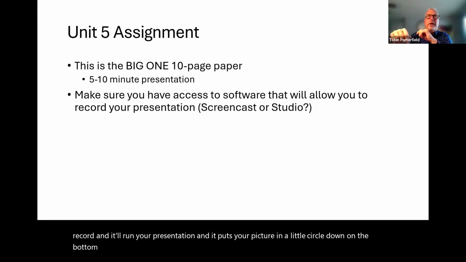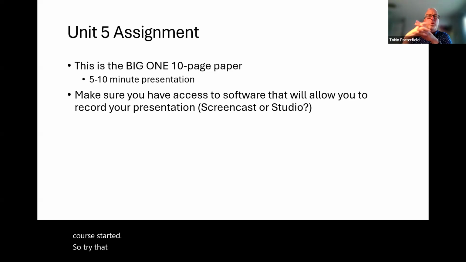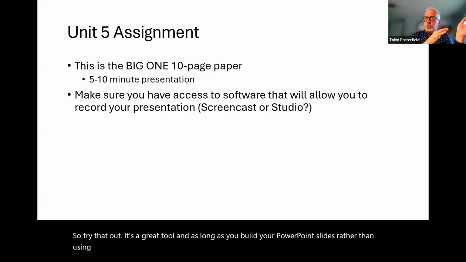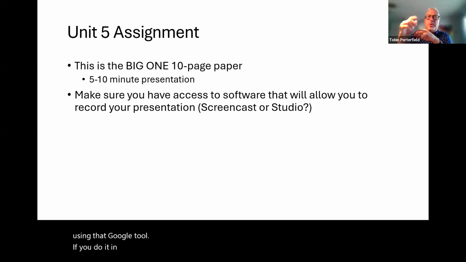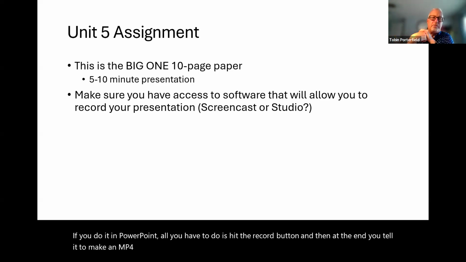I used it to do my introduction to the course that I sent you by email before the course started. So try that out. It's a great tool, and as long as you build your PowerPoint slides rather than using that Google tool, if you do it in PowerPoint, all you have to do is hit the record button, and then at the end you tell it to make an MP4, and you can upload the MP4. It's really cool.